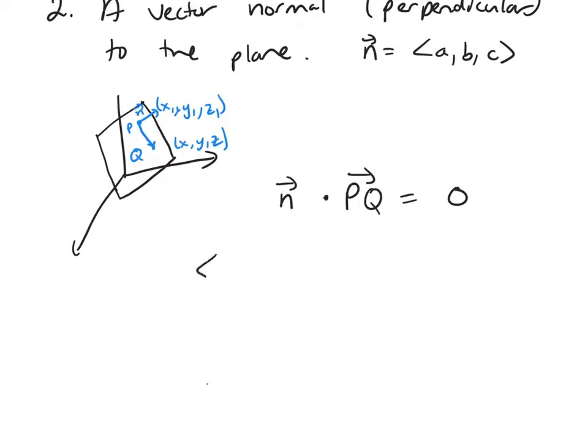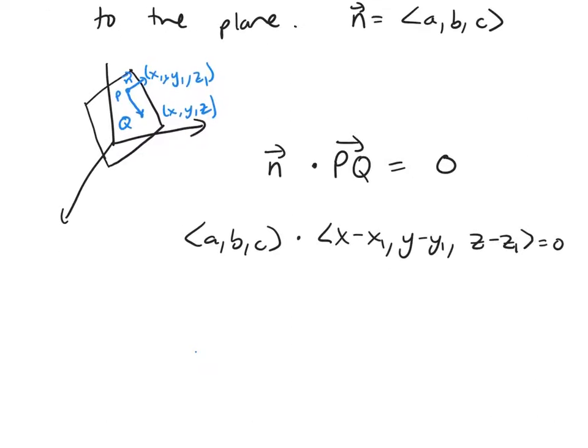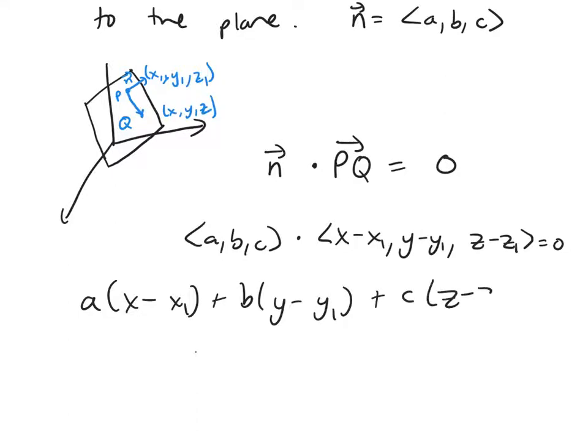So now I can plug in the dot product of x minus x1, y minus y1, and z minus z1 is 0. If I compute this dot product, I will get A(x minus x1), B(y minus y1), and C(z minus z1) equals 0.